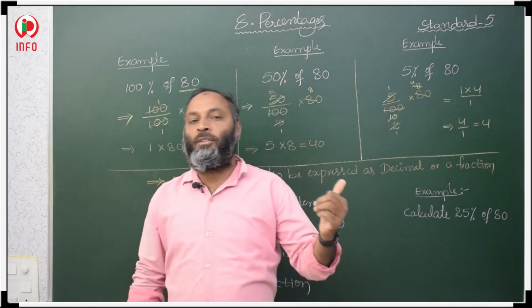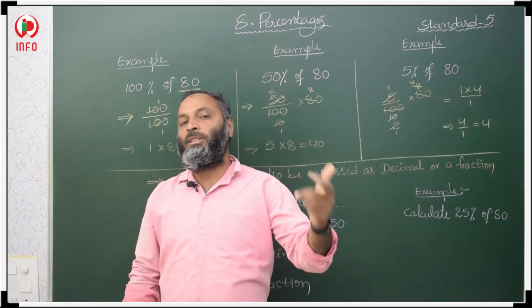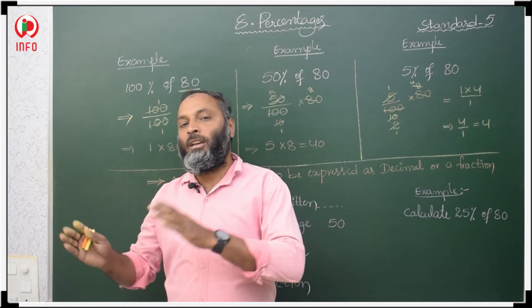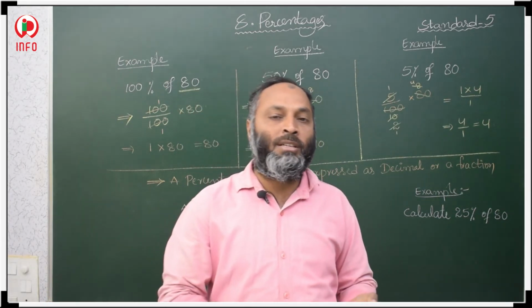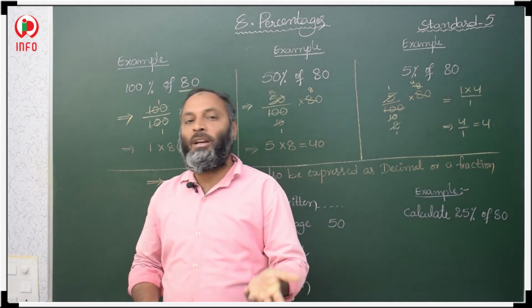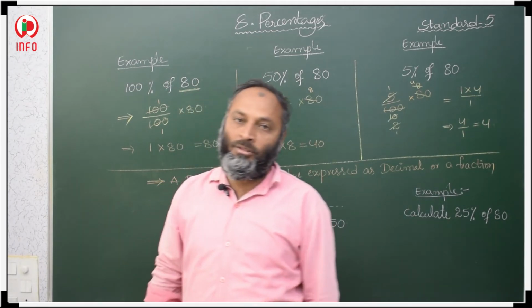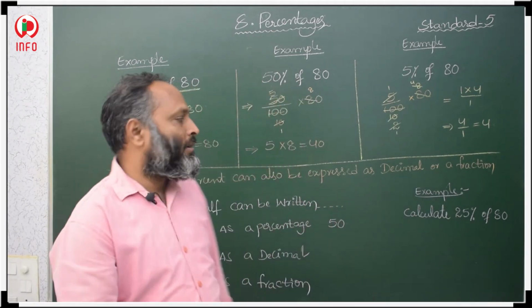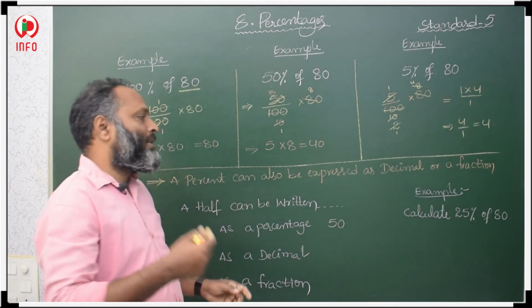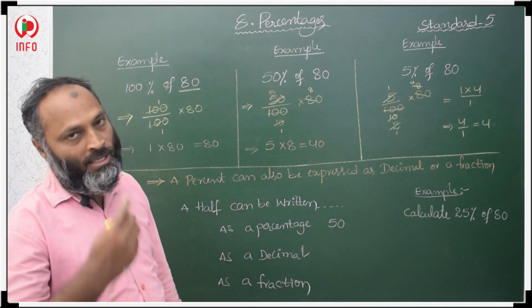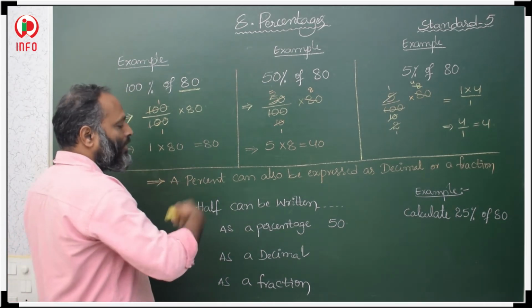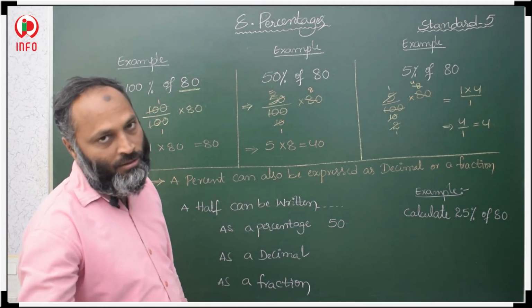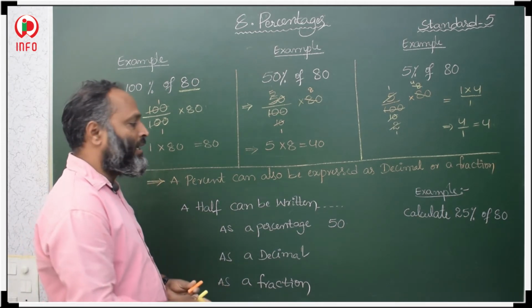Already we did how to convert fractions into decimals and decimals into fractions. Once we convert a decimal into a fraction, automatically we can convert the fraction into a decimal also.